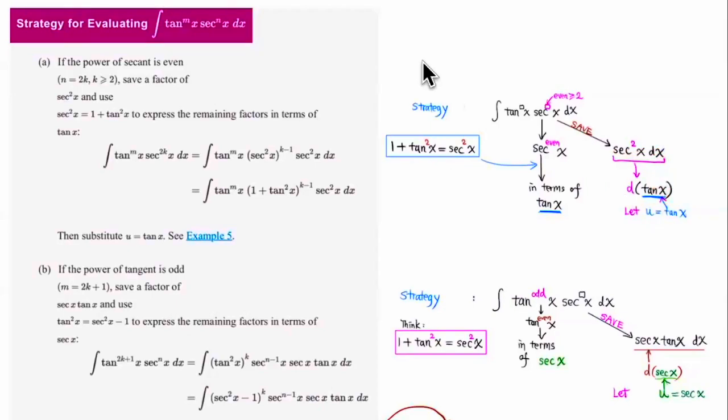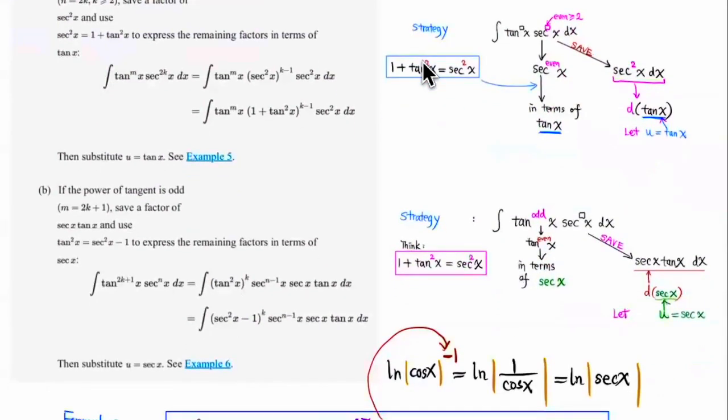Then after that, because u is tangent x, you want the rest in terms of tangent x using this trig identity over here. Then they will all be in terms of tangent x. So u equals that, this is du, and this will be all in terms of u at the end.